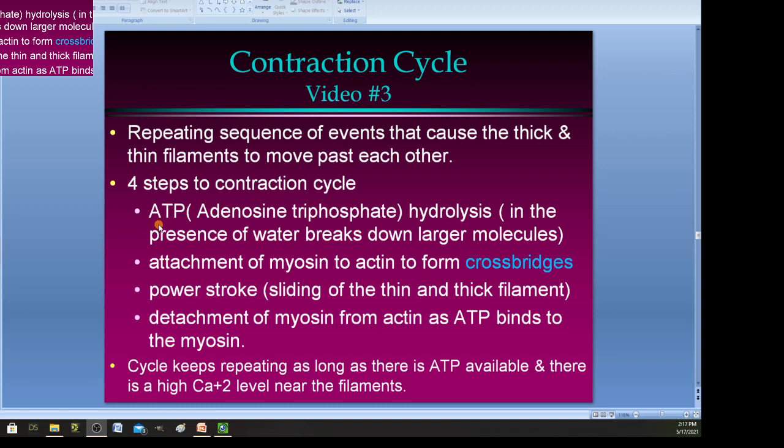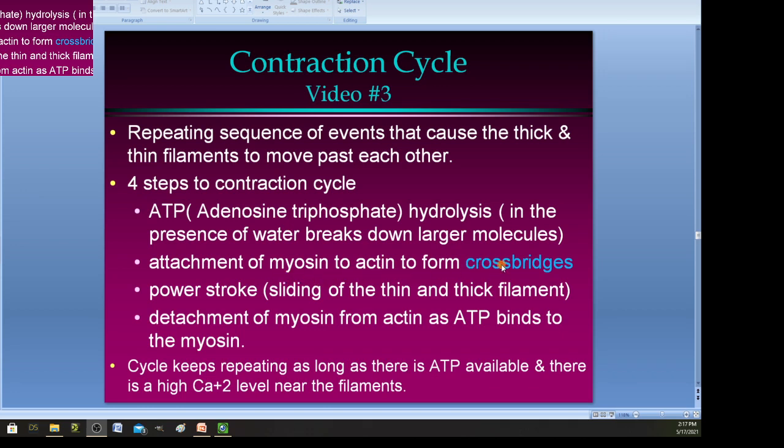So a muscle contraction cycle is going to be a repeating set of steps where the actin and myosin are going to slide together. So it says there are 4 steps to the contraction cycle. We're going to need ATP to run the muscle contraction. We're going to have to attach the actin and myosin together.